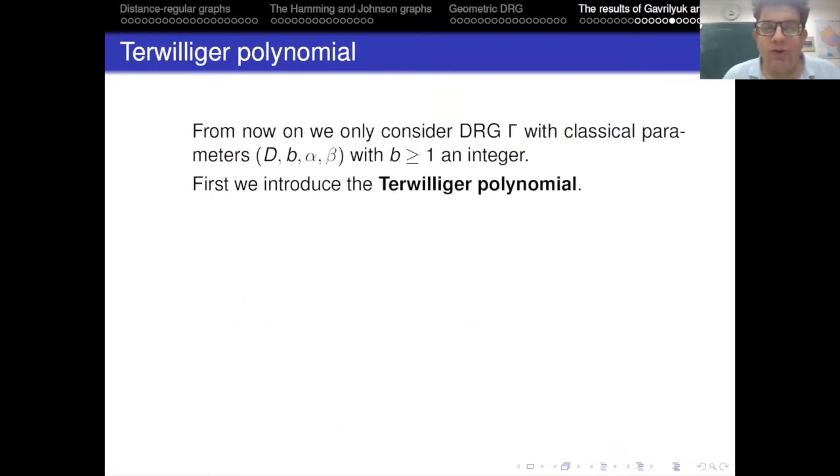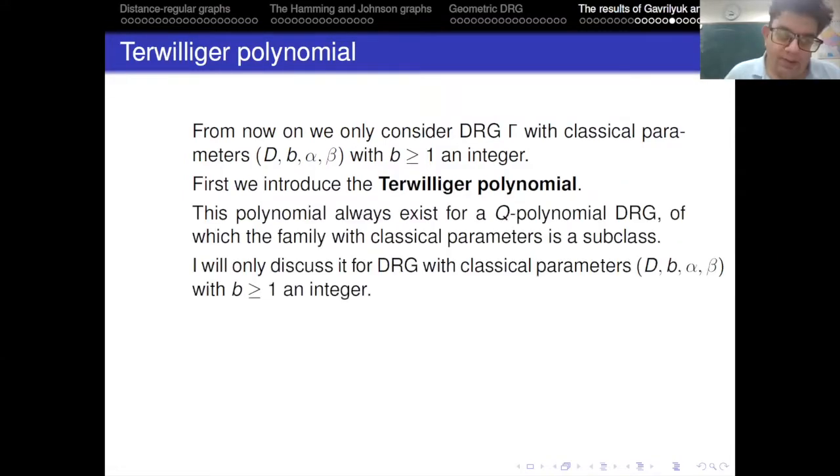From now on, we only consider distance-regular graphs gamma with classical parameters where b is at least an integer. And we will introduce the Terwilliger polynomial. This polynomial always exists for a Q-polynomial distance-regular graph, of which the family of classical parameters is a subclass.